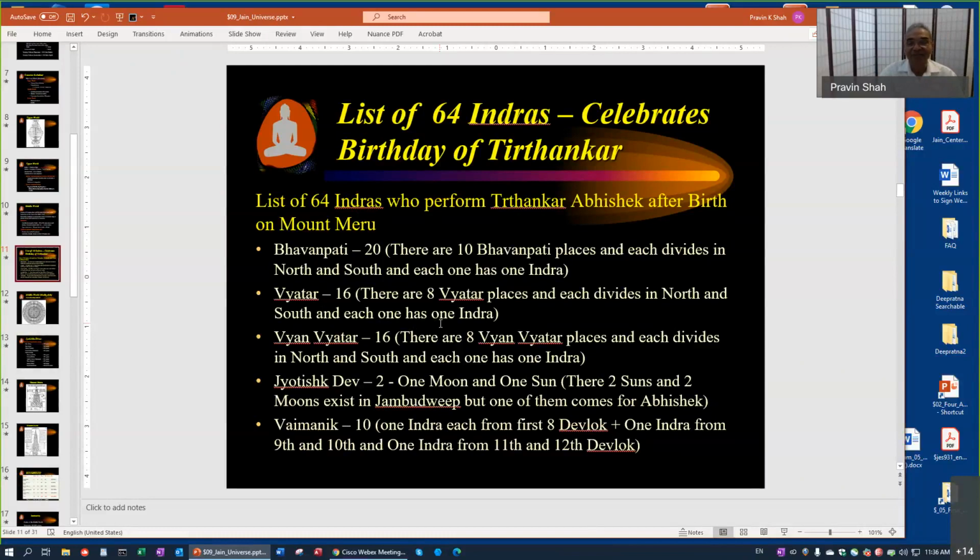Then there are the Vanvyantar, which are also 16, with 8 Vanvyantar places, each dividing into north and south. The Vanvyantar live near the surface of the earth, very close to us, and there are 16 of them. It is very, very difficult to show on the map where everything is located.